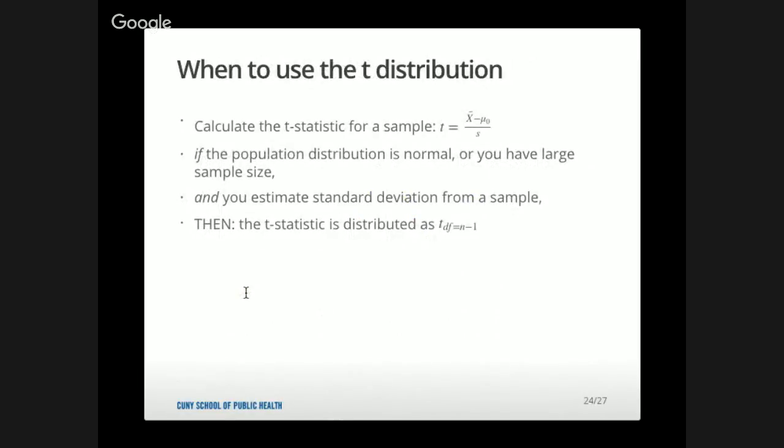So when we use the t distribution, we're going to calculate a t statistic. There are some different t statistics that you'll calculate.